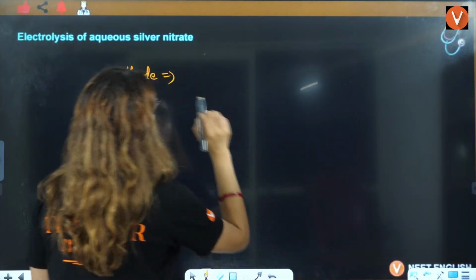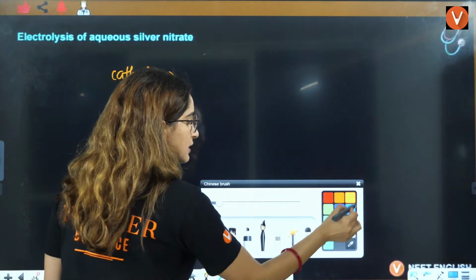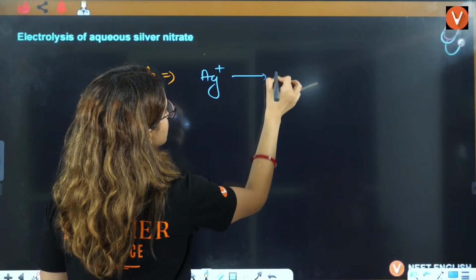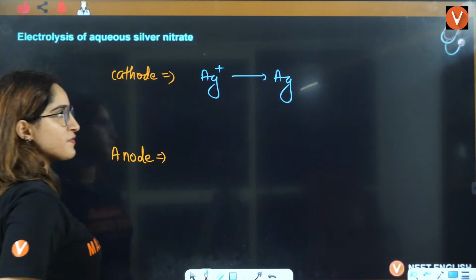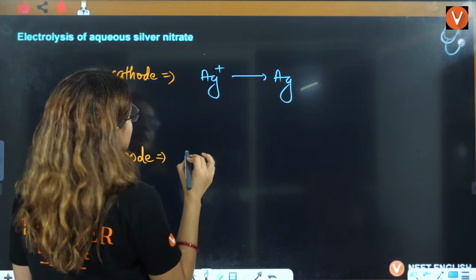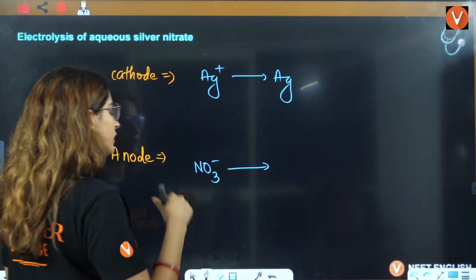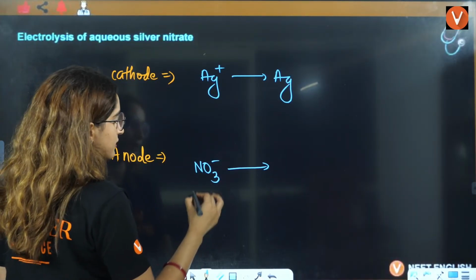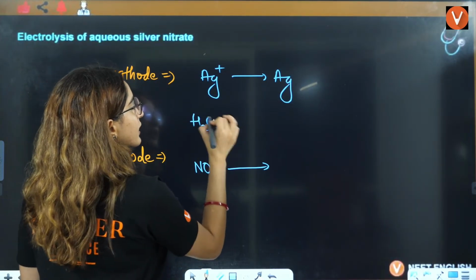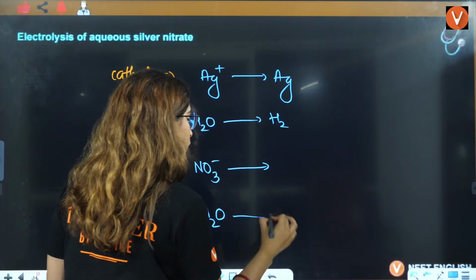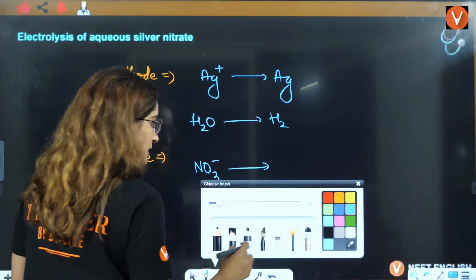So at cathode, Ag positive is converted to Ag. In this case, nitrate, NO3 negative, is converted to something, right? Let's understand that. Here water is getting converted to H2 and here water is getting converted to O2, right?